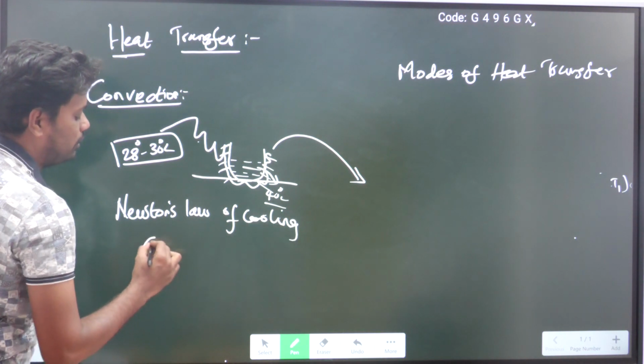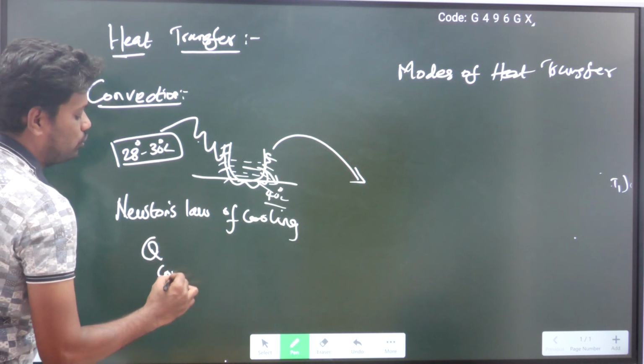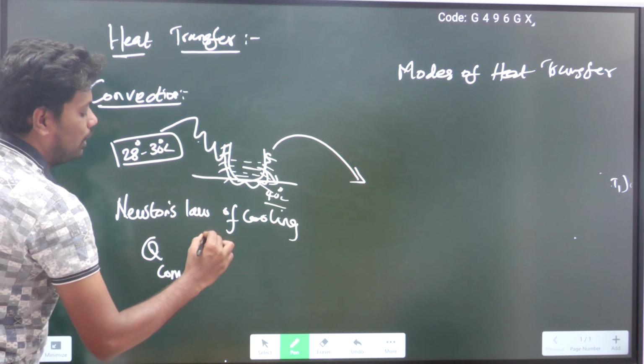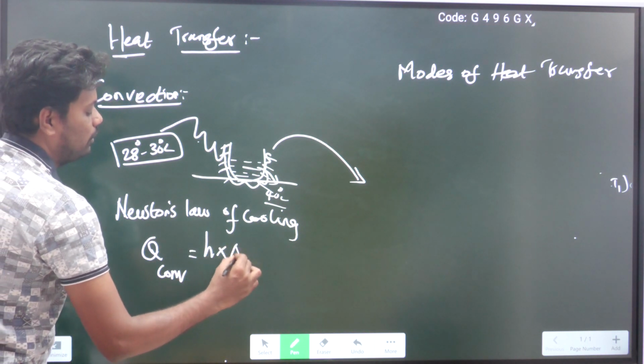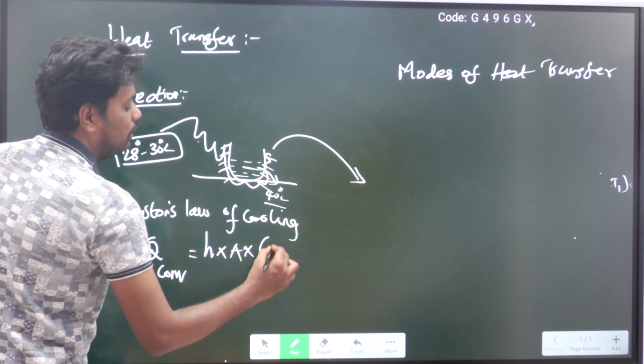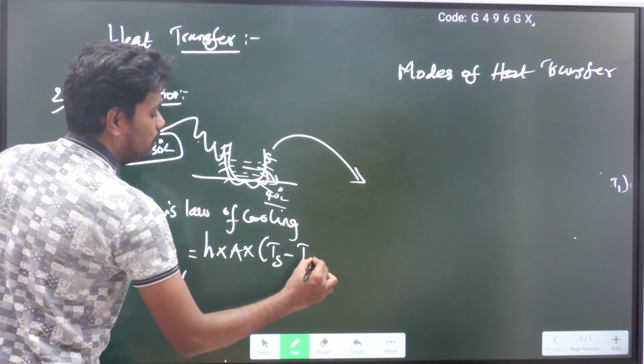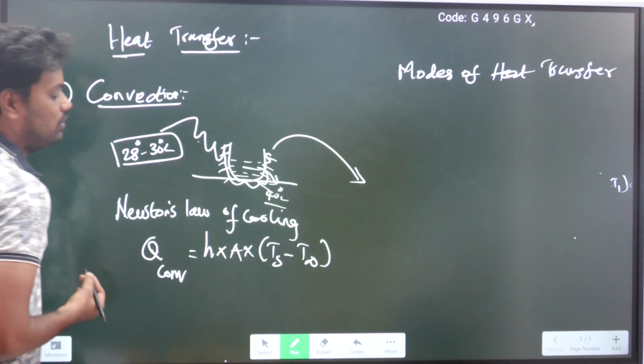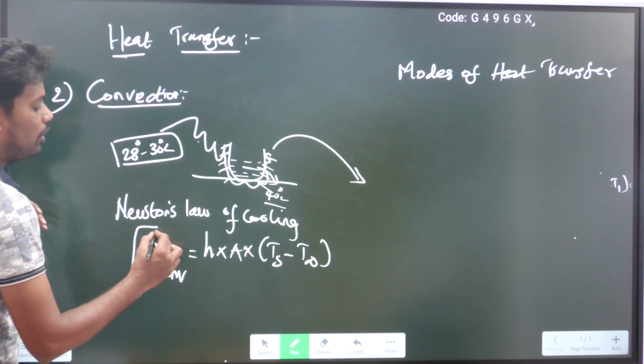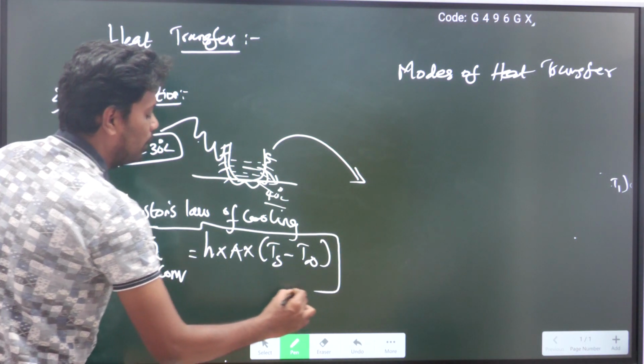So here heat transfer, Q convection equals h into A into (Ts minus T infinity). This is Newton's law of cooling, or the governing equation for convection.